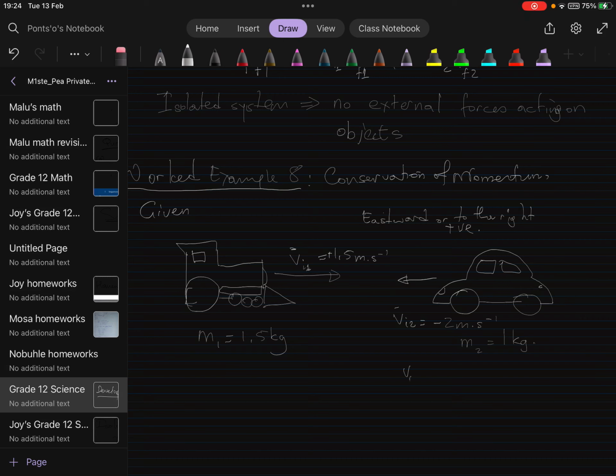If after the collision, the car rebounds at a velocity of 2.05 meters per second, what is the final velocity of the train? Now, it's important to note, the English says the car rebounds.